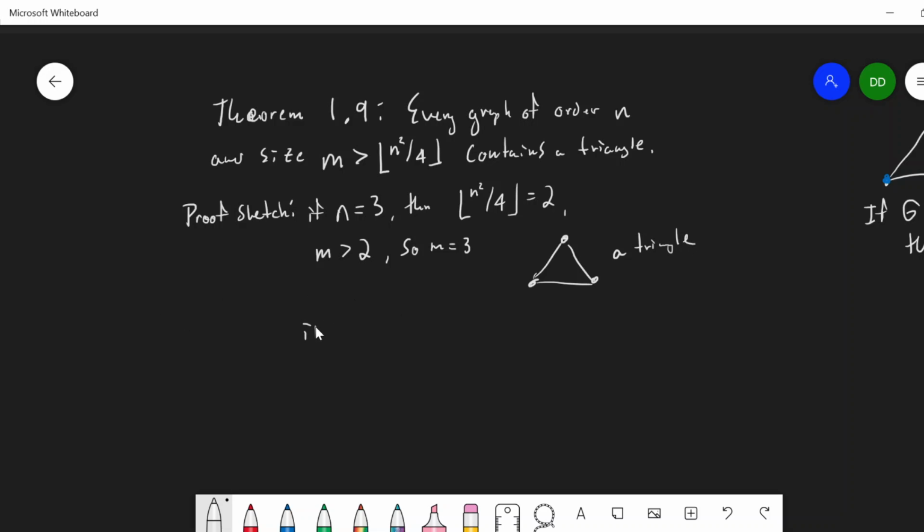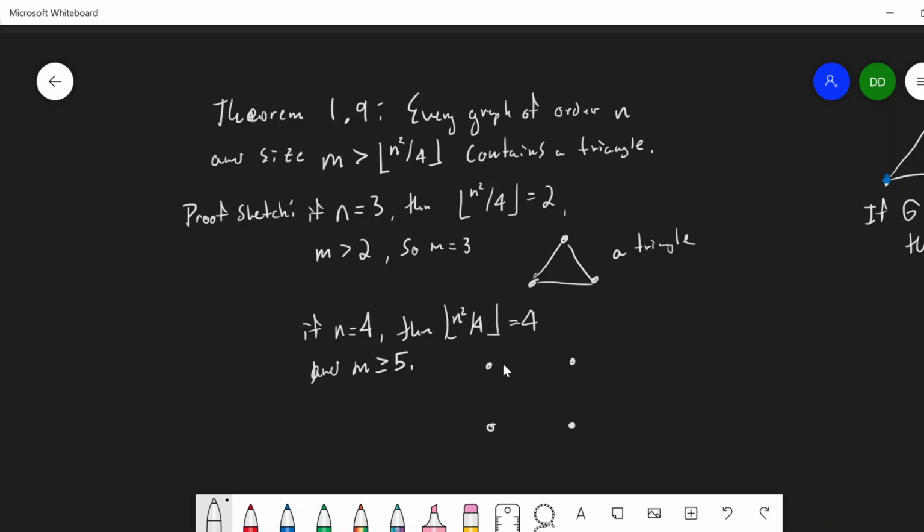If n is 4, going up to the next level, then we would have the floor of n squared over 4. That's 16 over 4, which is 4. And m, the size of the graph, has to be at least 5 in this case. So is there any way to build a graph of order 4 and size at least 5 that does not contain a triangle?